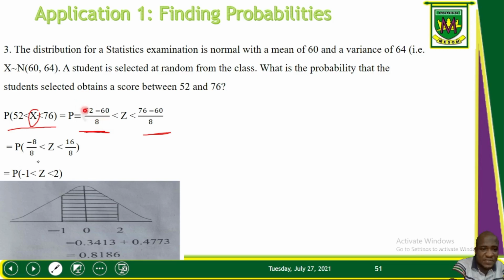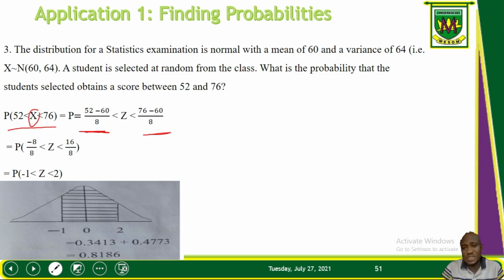So the first part, 52 minus the mean over the standard deviation. The upper part is 76 minus 60, which is our mean, over the standard deviation.